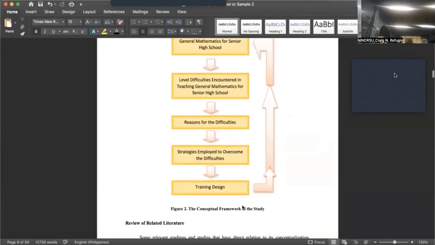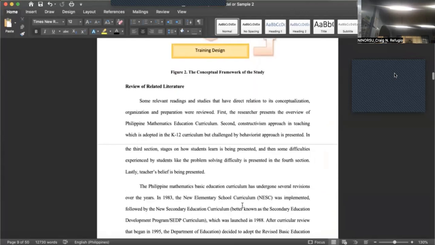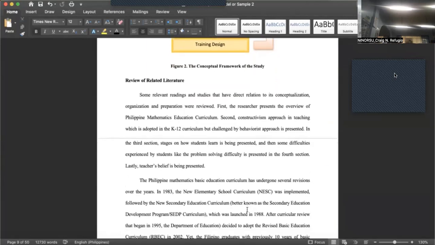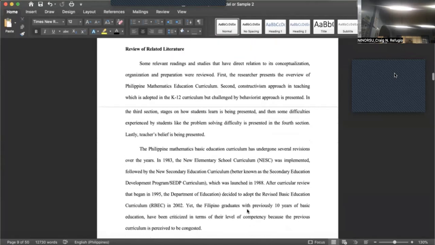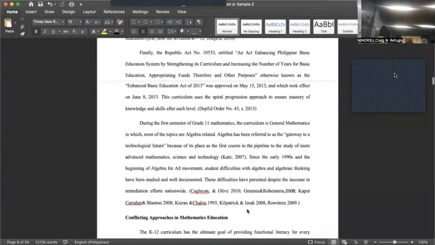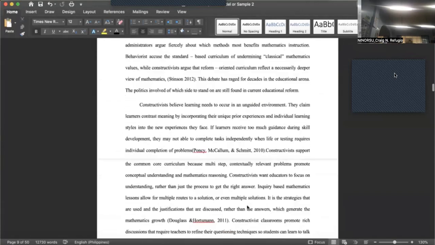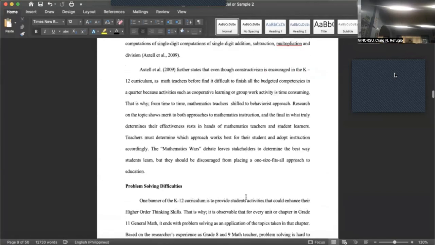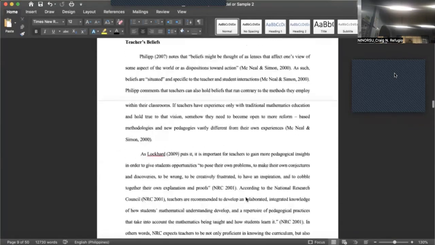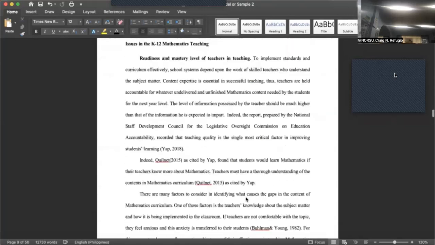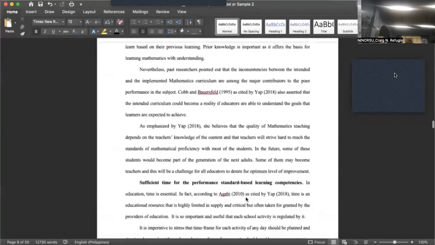So next is the review of related literatures. I have already presented a video on review of related literature. So this one is the sample review of related literature in the sample model for chapter 1. So I assume that you have read already these different parts of the review of related literature and related studies. So up to the last part.